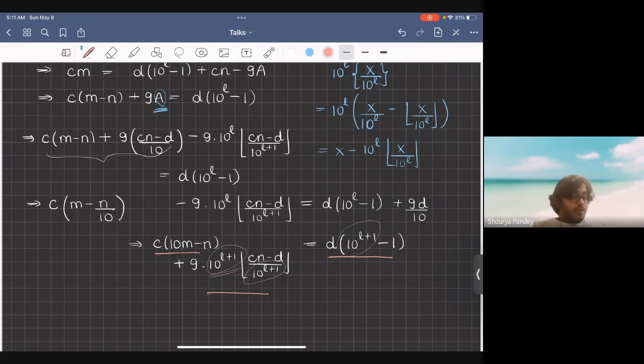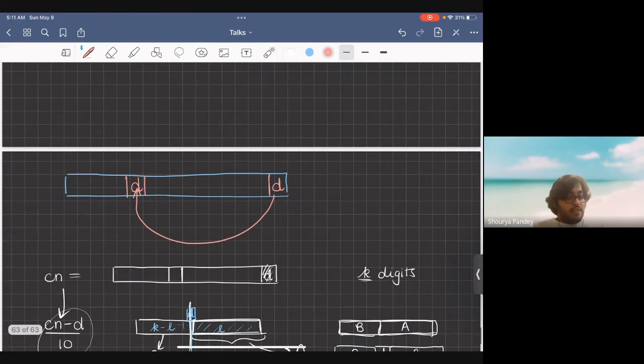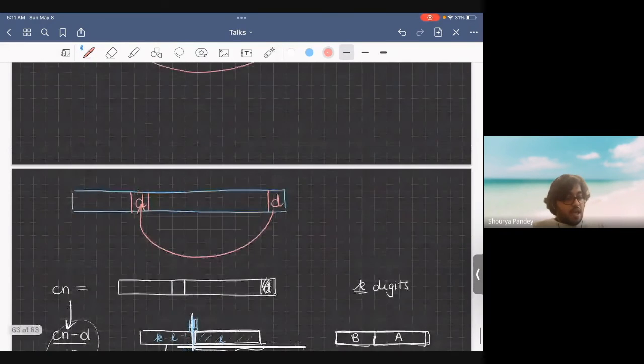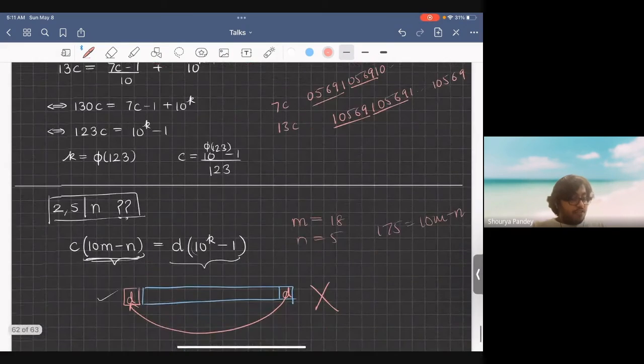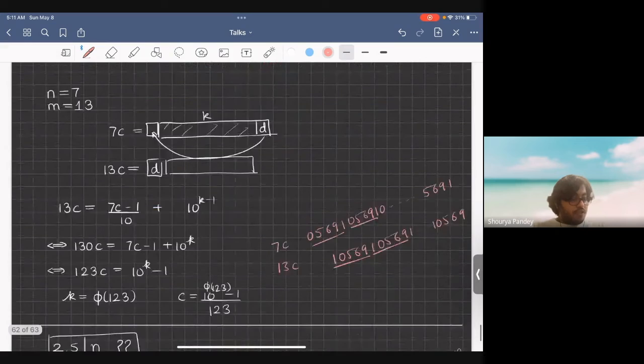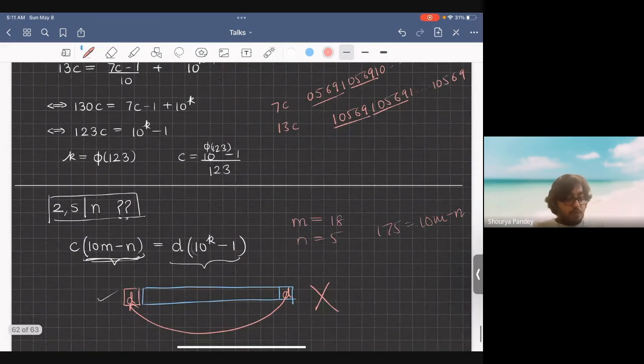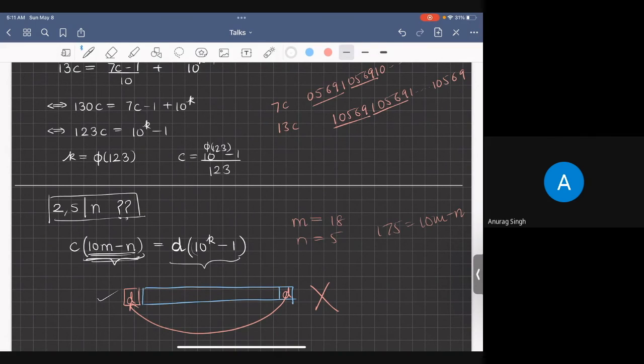My idea was to extend this instead of moving a digit here. So what was actually the issue in the first solution? The issue was that D was too small, right? D was restricted between 0 and 9, which is why whenever 10m minus n was a multiple of something, we couldn't move any portion of the number.